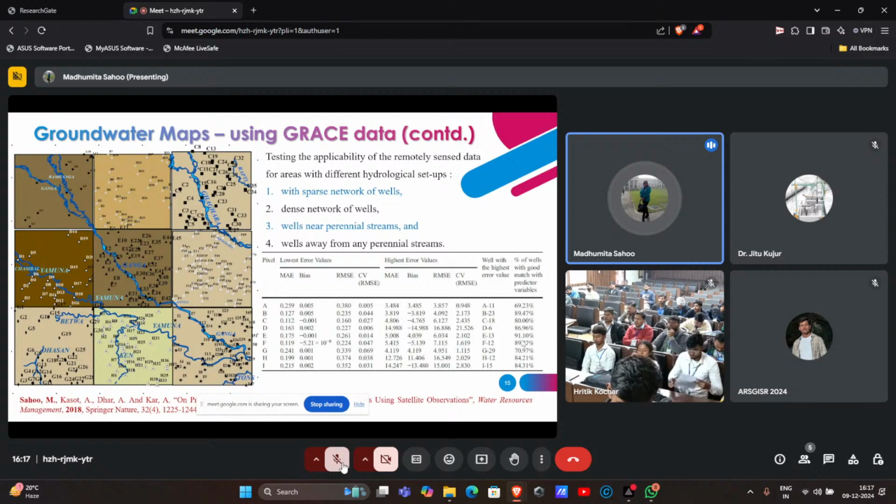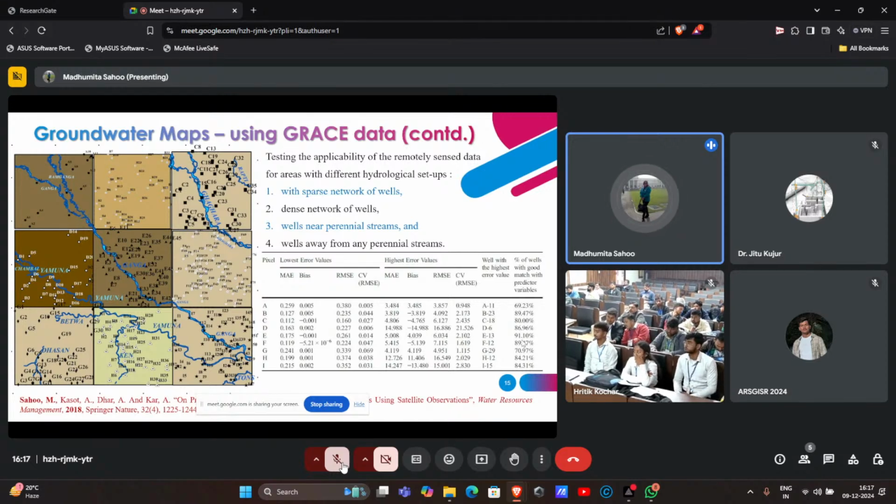We try to correlate and see how these parameters are changing in a water balance equation. How can we put these values in, can we see how they are changing, and is it giving a good value, a balance or an imbalance in the components.